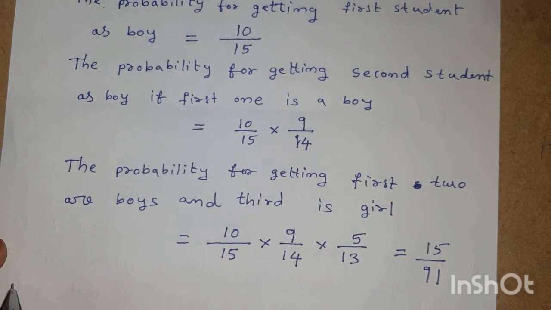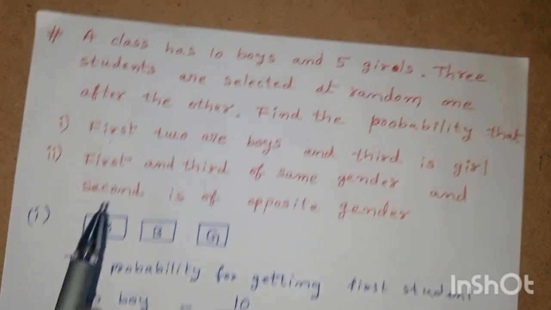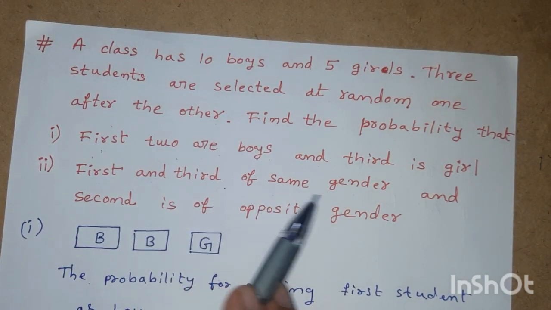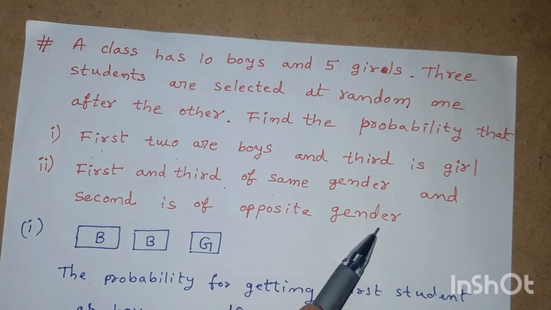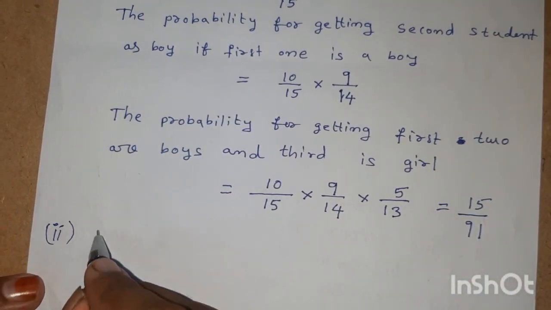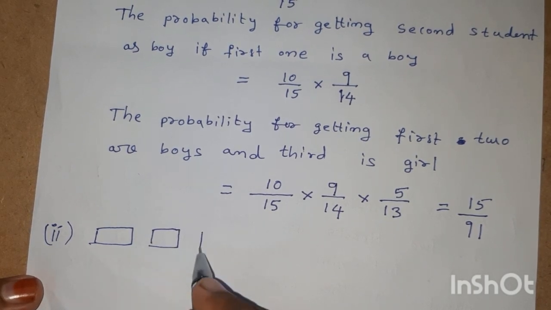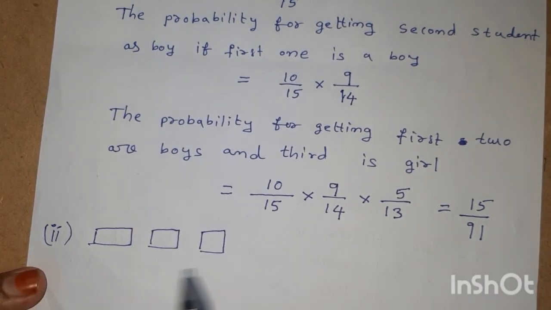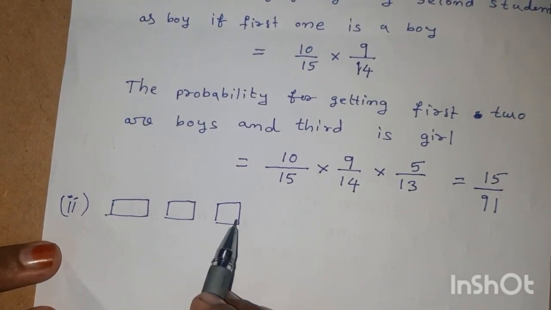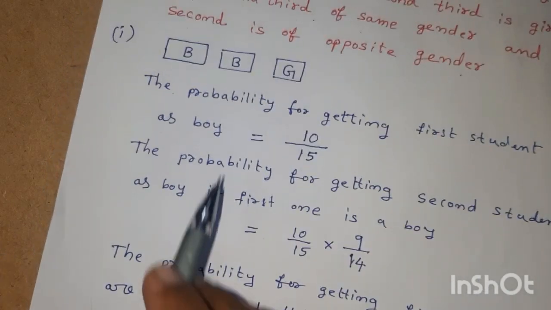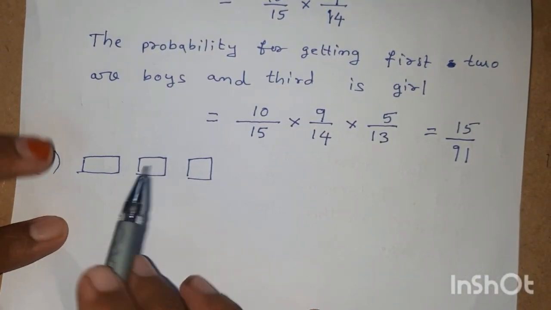Now let us go to the second problem. In the second problem, first and third are of the same gender and the second is of the opposite gender.